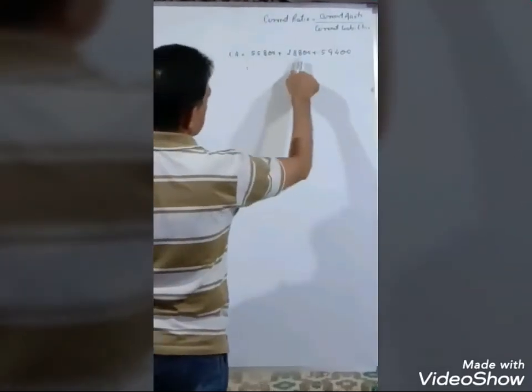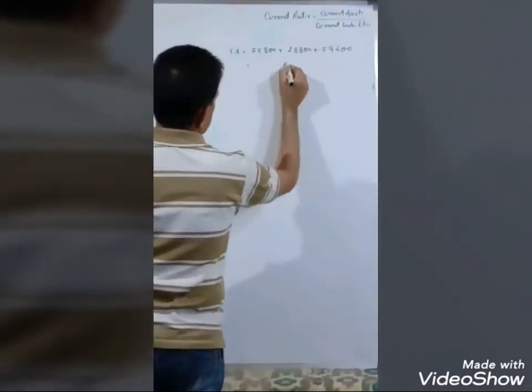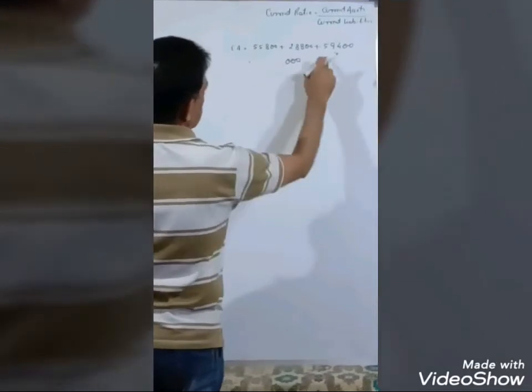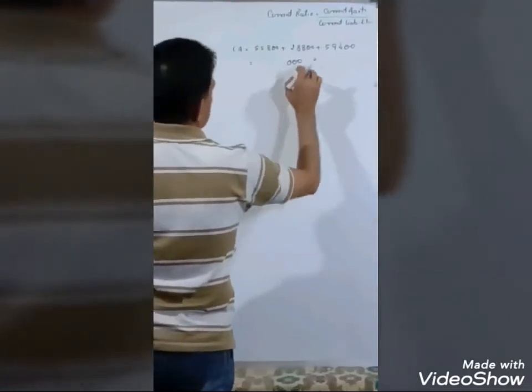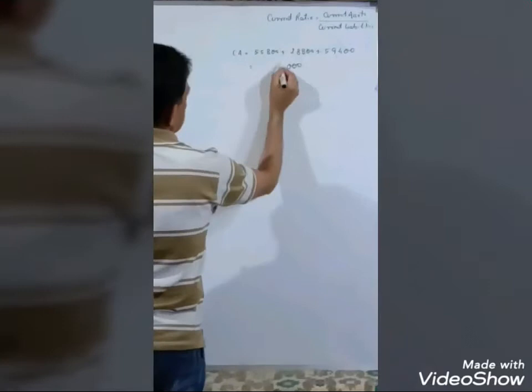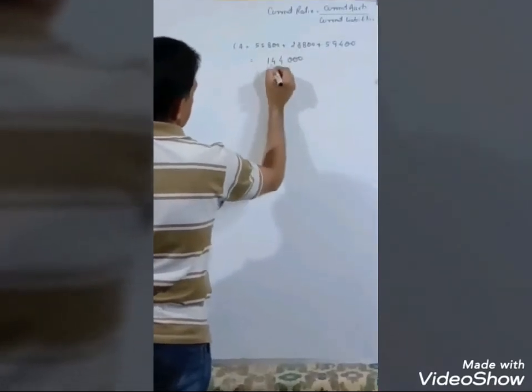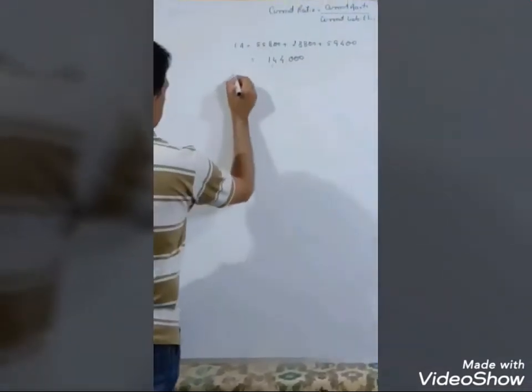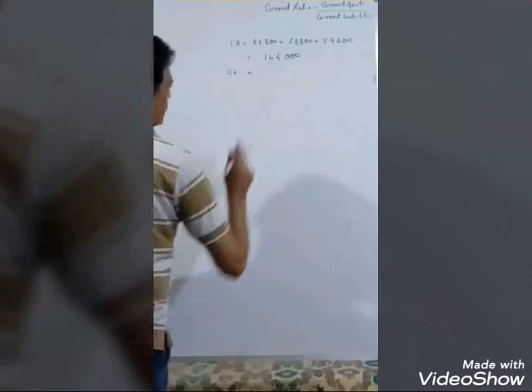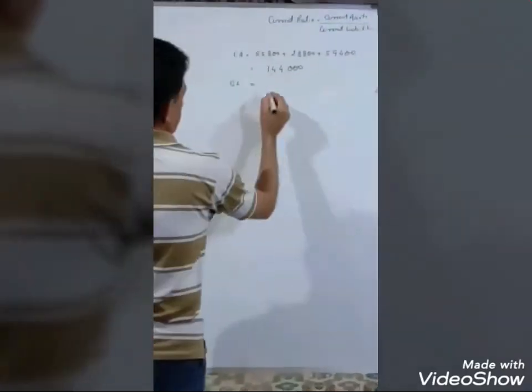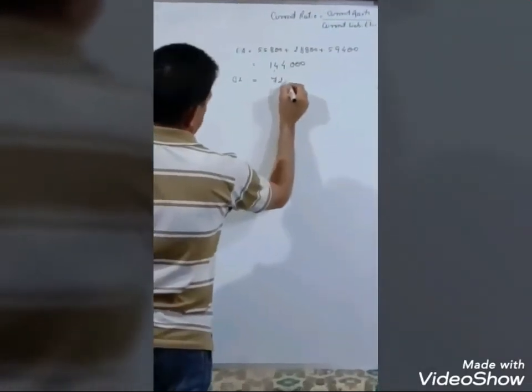So our current assets will be 1,44,000. These are your current assets. Similarly, we have to calculate current liabilities. So current liabilities in the balance sheet are given: trade payables rupees 72,000.